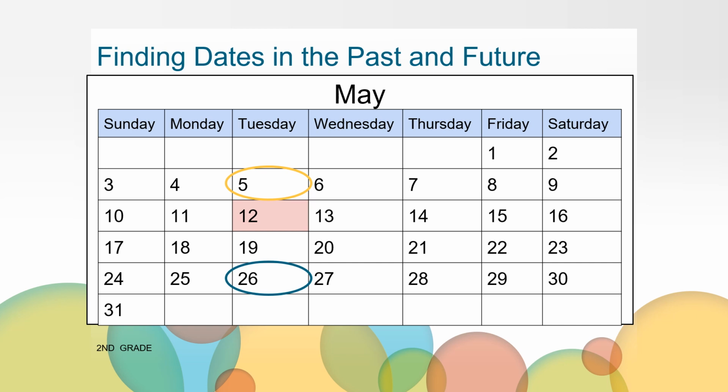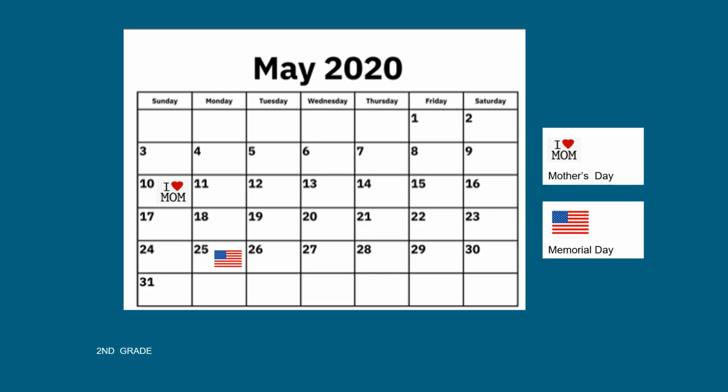We still need to add special days in May to our calendar. Mother's Day and Memorial Day are two special days in May. What is the date of Mother's Day? Mother's Day is May 10th.